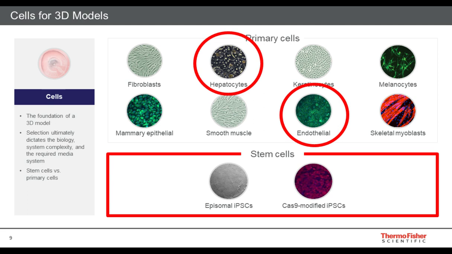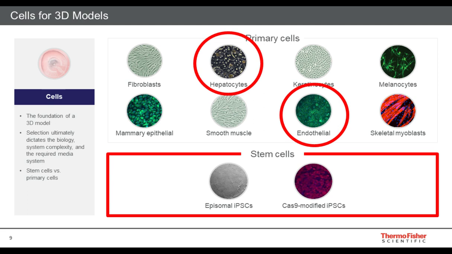For example, with respect to hepatocytes, one of the traditional challenges with working with primary human hepatocytes is their longevity in culture. In typical 2D cell culture, a good lot of primary hepatocytes only lasts somewhere around 4 to 6 days. A really good lot, or with some special media that are available, might be extendable out to 8 to 10 days or so.